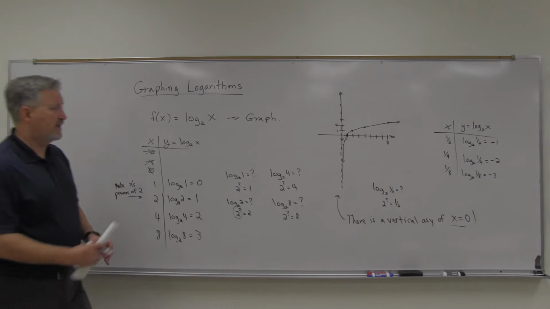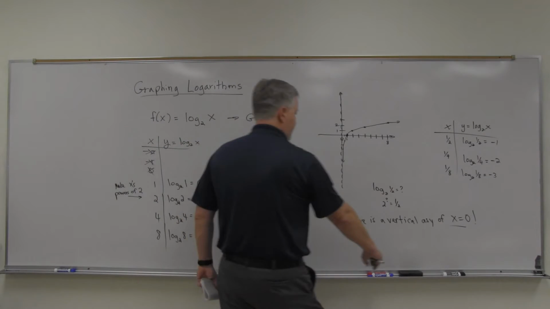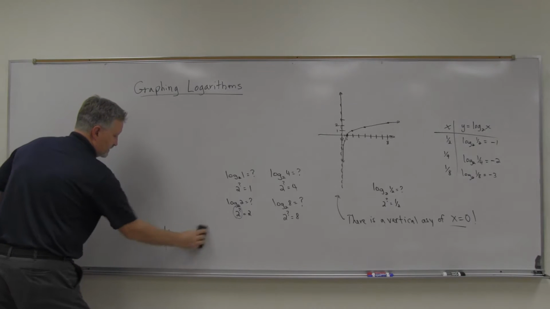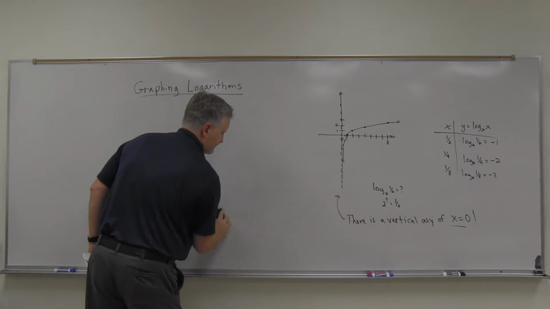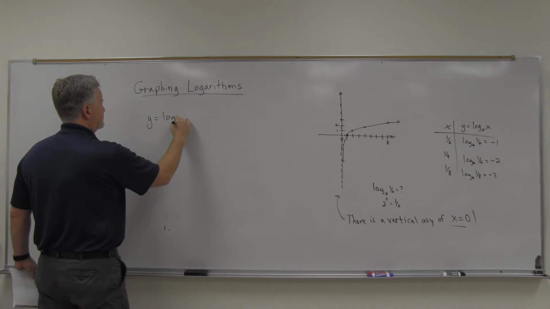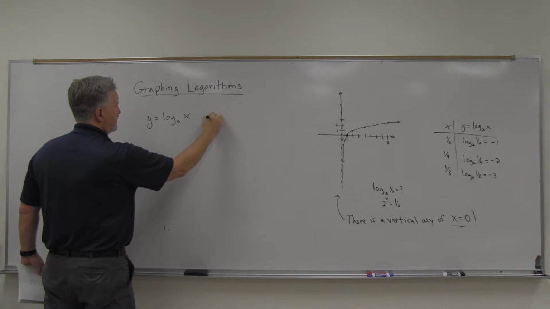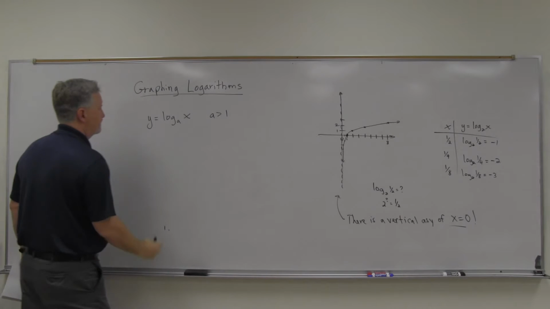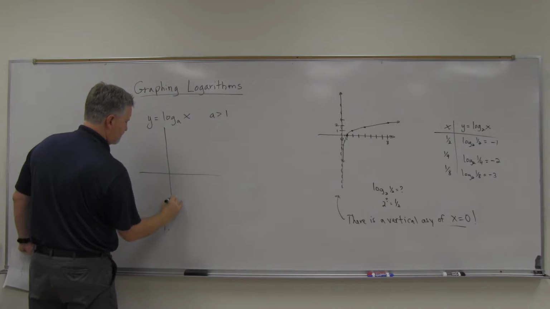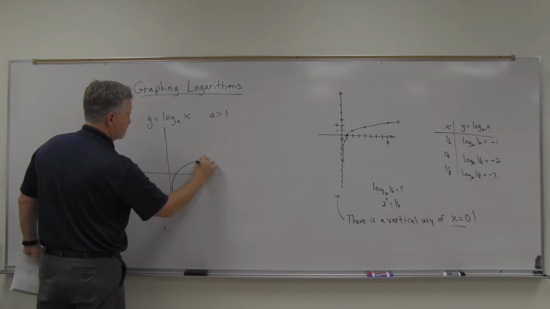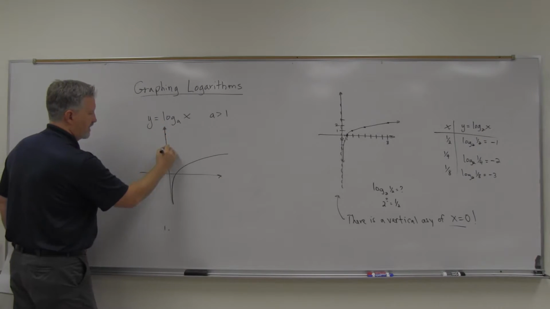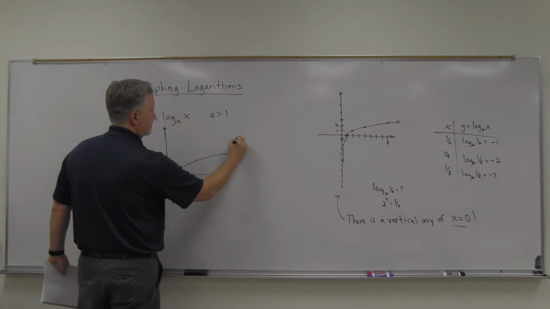So the basic shape of logarithms, that's what it looks like. In general, if you got y equals log base a of x, a greater than 1, let's say, the general shape is that, where you have a vertical asymptote at x equals 0.